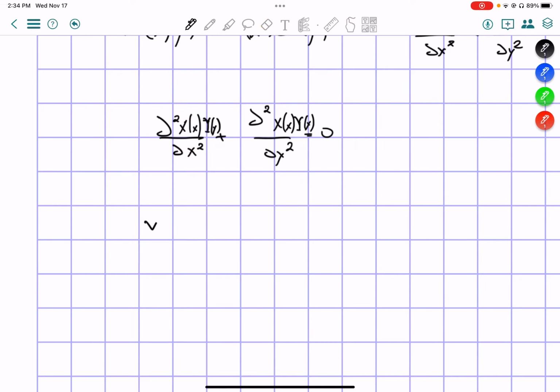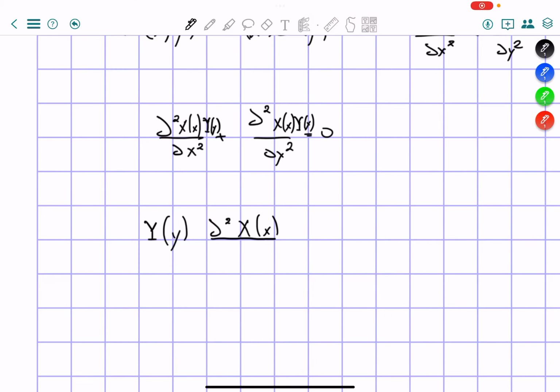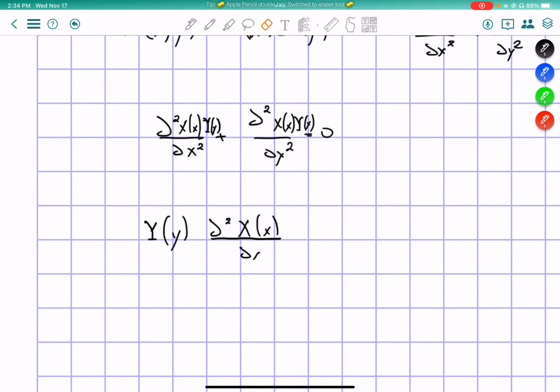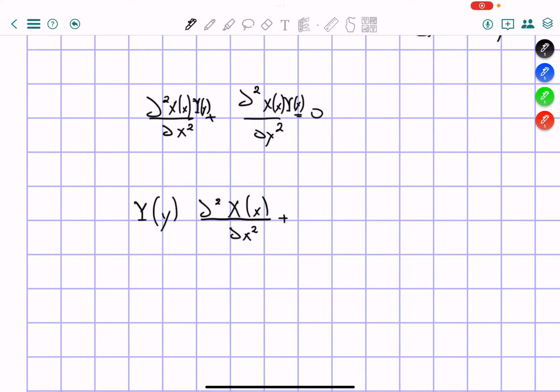So we can just put capital Y of y times the second derivative of capital X of x with respect to x squared. Then same thing for our other term, but in this case we take out the capital X of x and have the second derivative of capital Y of y with respect to y squared. That also has to be equal to 0.